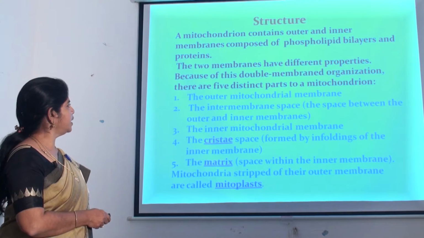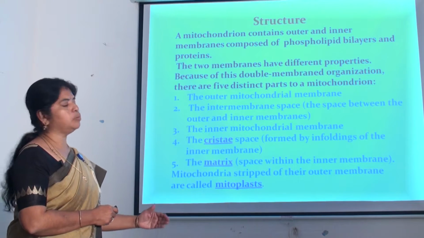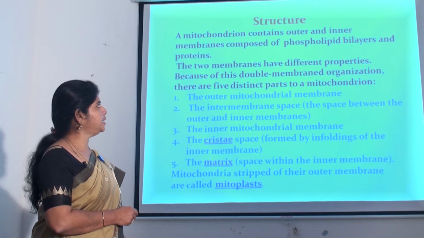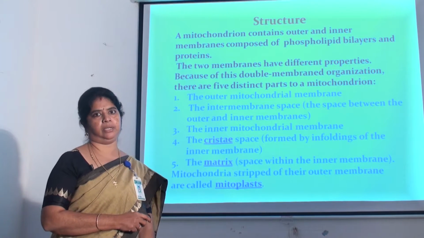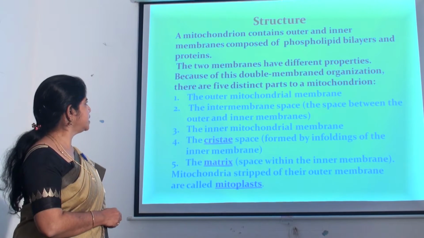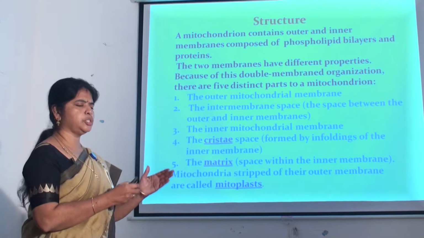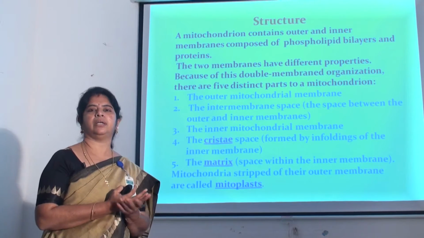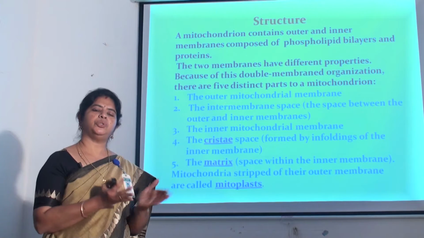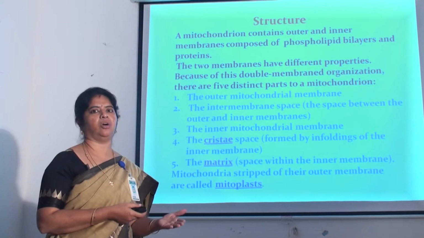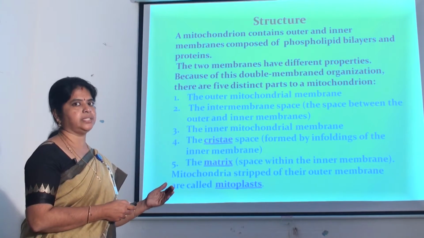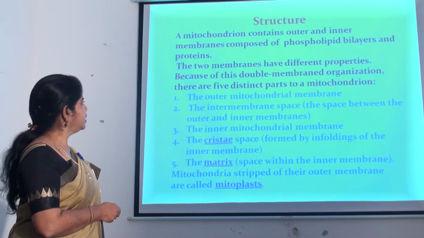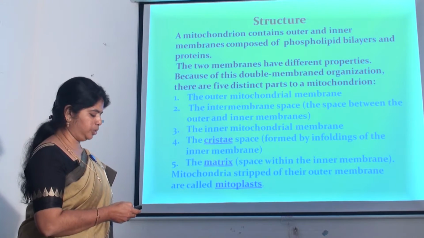As I have already told you, it consists of an outer and an inner membrane, made up of phospholipid bilayers and proteins. Because these two membranes do not perform the same function, and their chemical composition differs, the two membranes are different in all their natures. Because of this, you can give five distinct parts to the mitochondria.